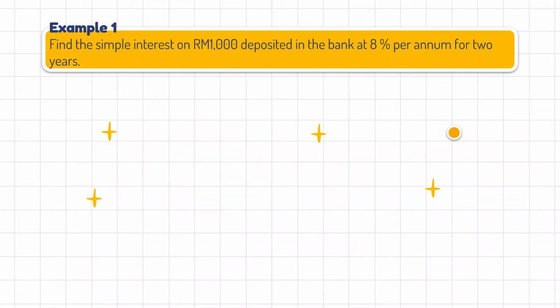Now, let's proceed with example 1. Find the simple interest on RM1000 deposited in the bank at 8% per annum for 2 years. Here we have 3 pieces of information. The first one is RM1000 deposited. It means that this is our value of P. The next one is 8%.